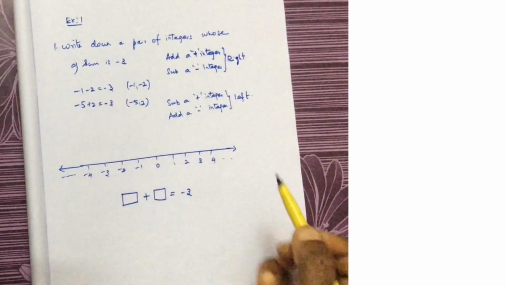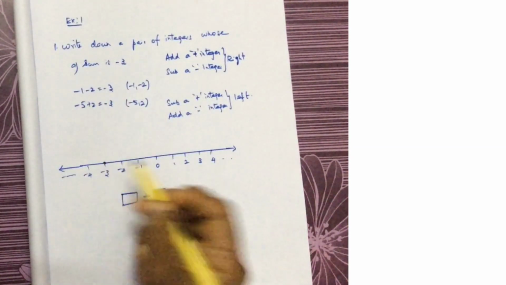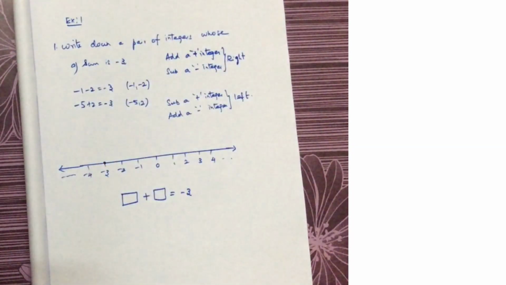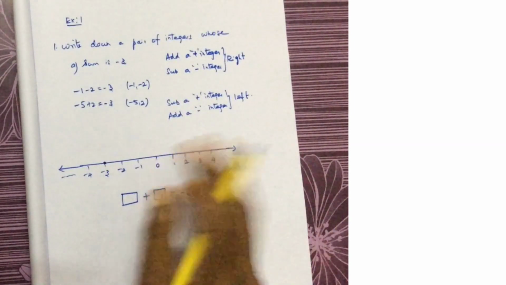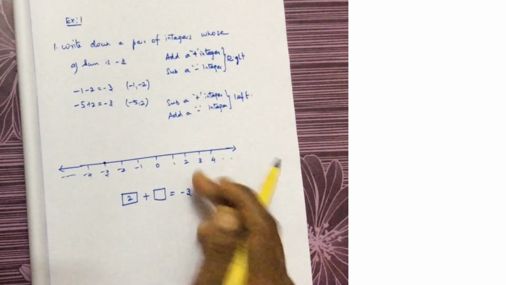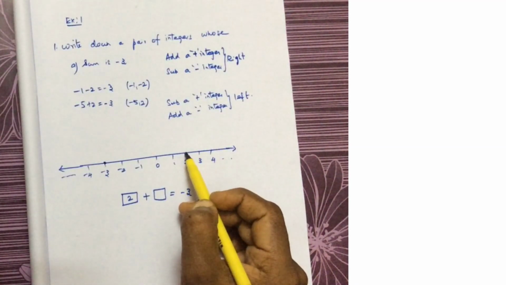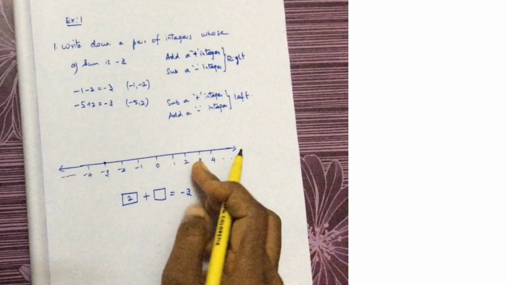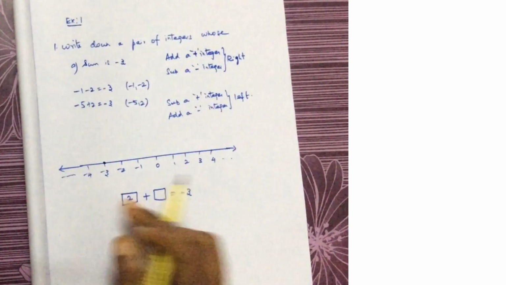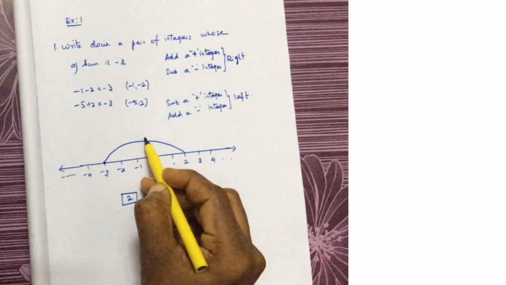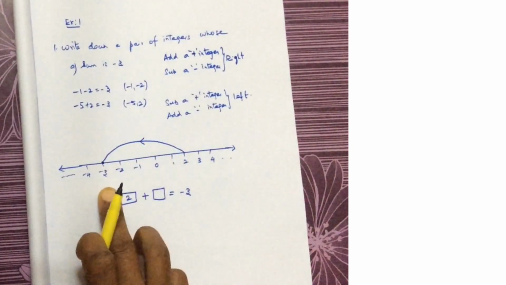So here minus 3 is here. I have to write a pair of integers to get minus 3. First I am taking any integer, you can take any integer, 2. I am taking 2. So from 2 I have to move left side to reach minus 3. You see here, from 2 I am moving left to reach minus 3.